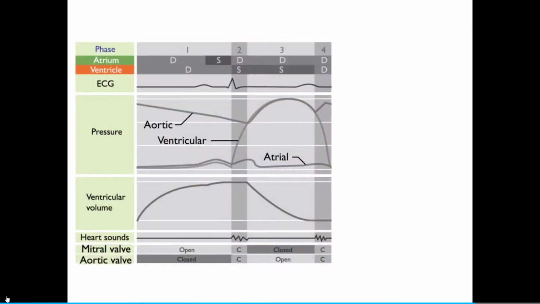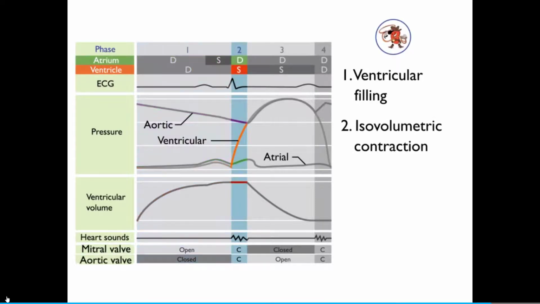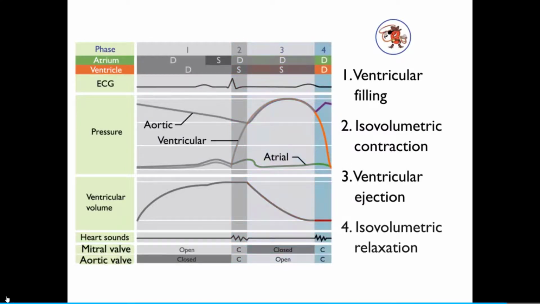As a reminder, these phases are called ventricular filling, isovolumetric contraction, ventricular ejection, and isovolumetric relaxation. We will explore each of these phases in more depth, starting with the next animation.